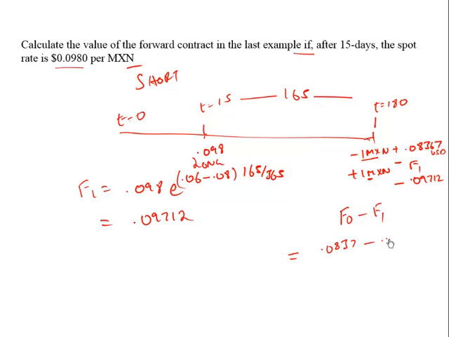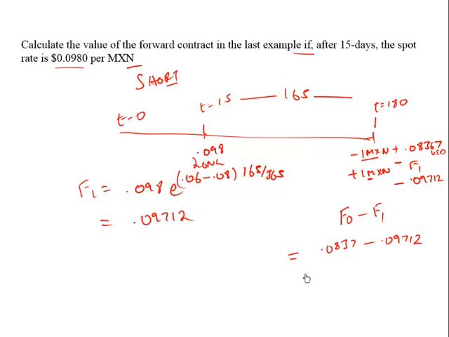0.0837 minus 0.09712, because he is selling 1 Mexican peso for so many USD, and now the Mexican peso has appreciated. It was worth only 0.085 USD and now it is worth approximately 0.1 USD. So when he buys it back, he will have to pay more US dollars.